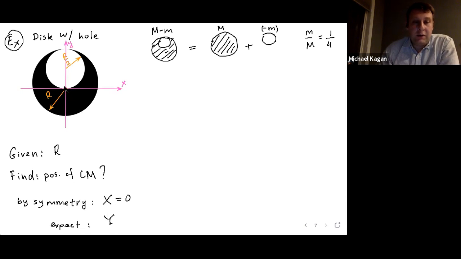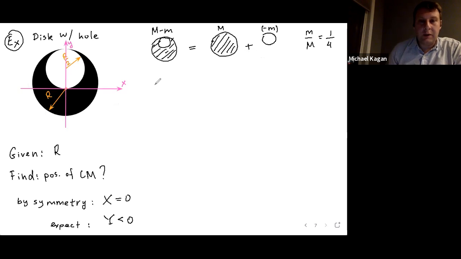Yes, indeed, because if you just imagine cutting the shape into halves by the x-axis, obviously there is more mass below the axis than above, so the center of mass must be below the axis as well. So this is a clear expectation that the answer should be negative.